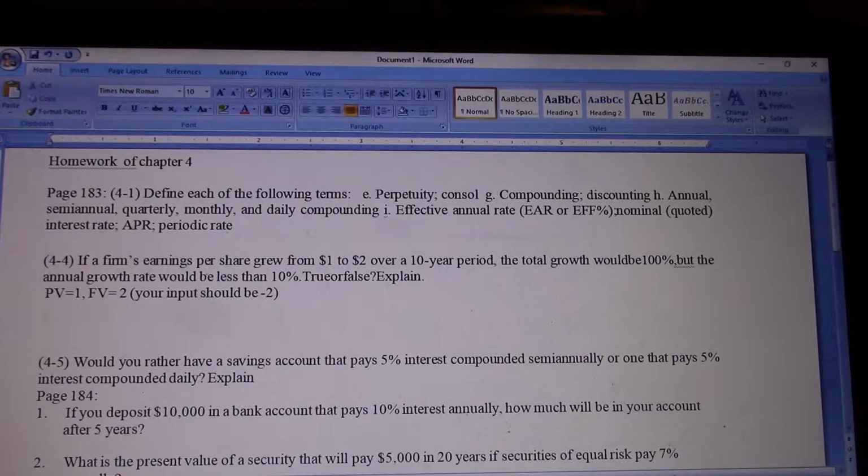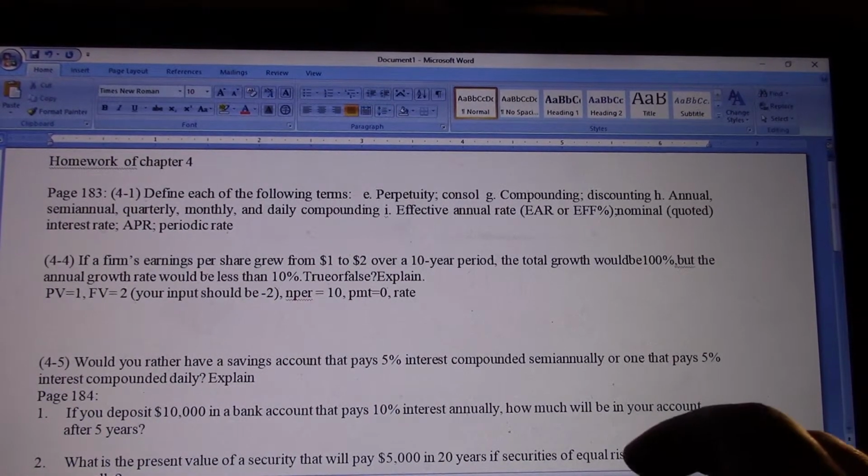You can use Excel or a calculator, but you should put -2 here. And N should be 10 years, because it's asking for the annual growth rate. And then the PMT should be 0, right? So you can calculate what the rate is.